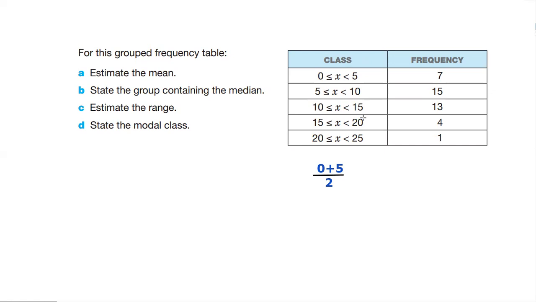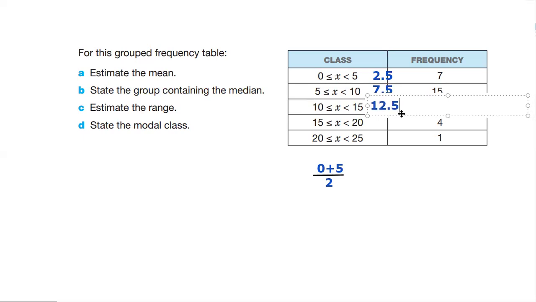Let's write the midpoints here. So the first midpoint is 2.5. Second one, we have 15. 15 divided by 2 is going to be 7.5. Second one, 7.5. And then third one, we have 15 and 10 is 25. 25 divided by 2 is 12.5.